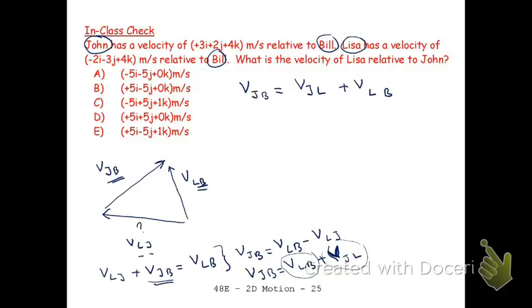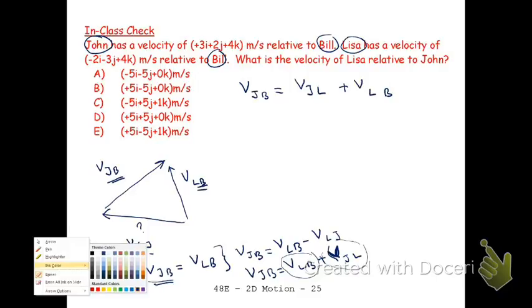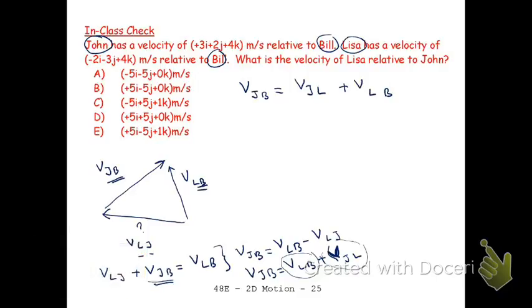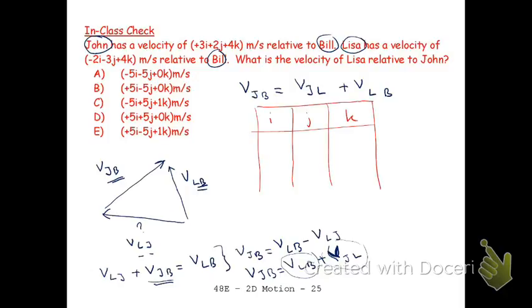So then I turn around and I do it. I go I, J, K. And the first thing I have is velocity of John relative to Lisa.